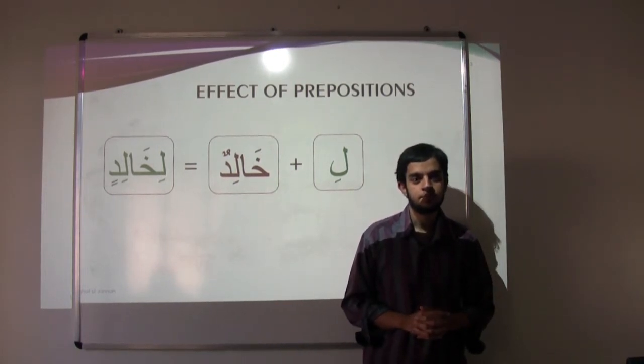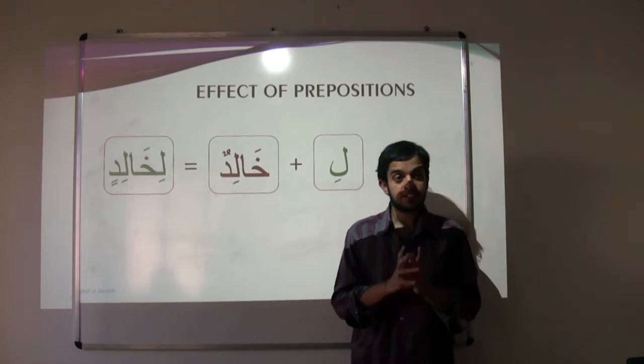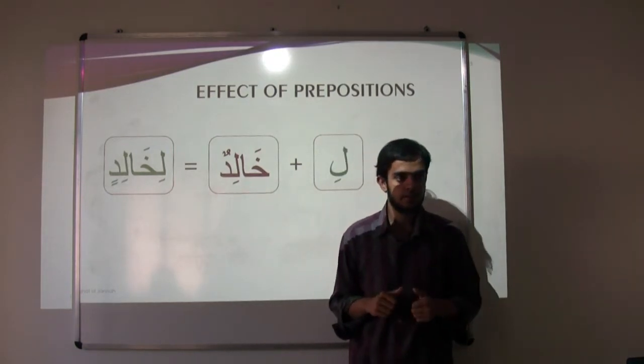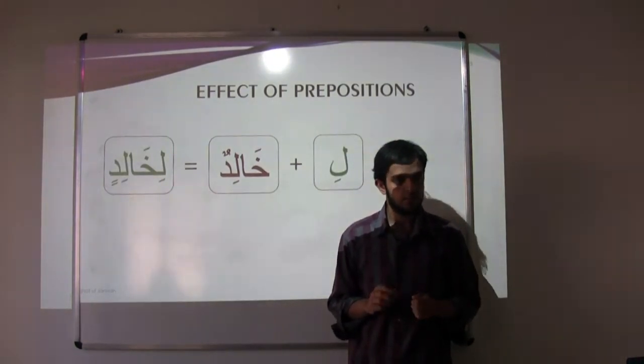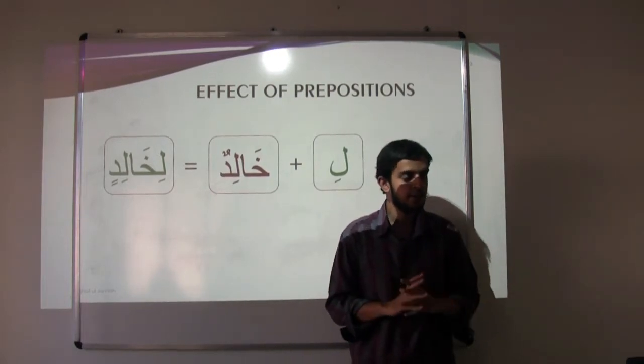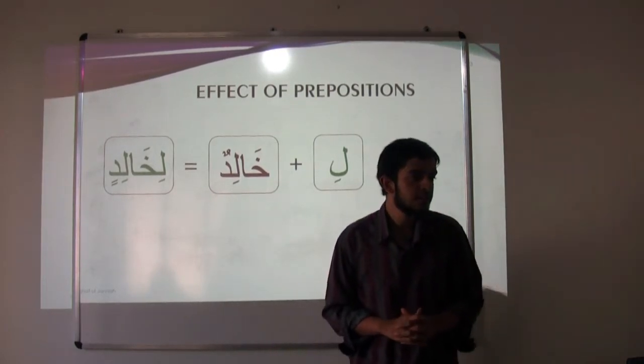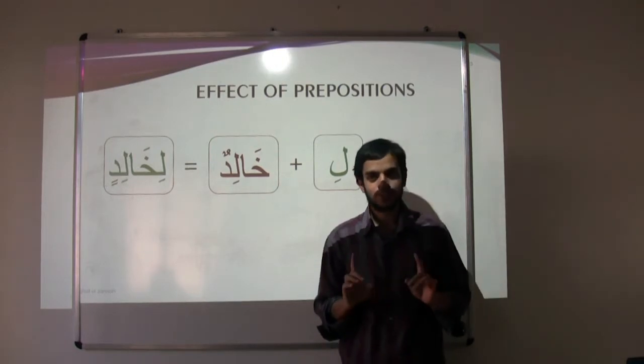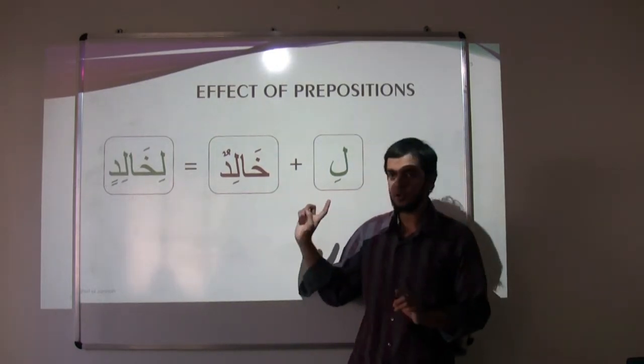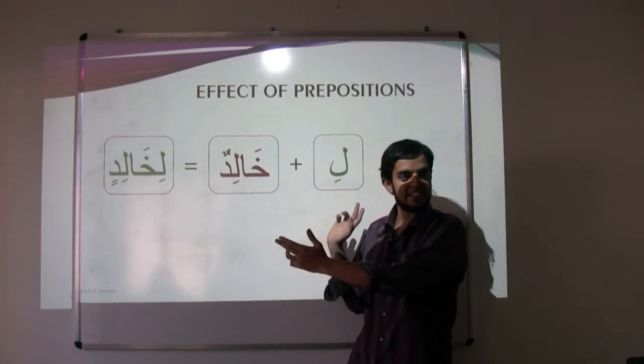Both are different, but what is the difference in meaning? Al Kitabu li Muhammadin: the book is for Muhammad, the book belongs to Muhammad. Kitabu Muhammadin means Muhammad's book. So when I say Al Kitabu li Muhammadin, it's a complete sentence in itself.